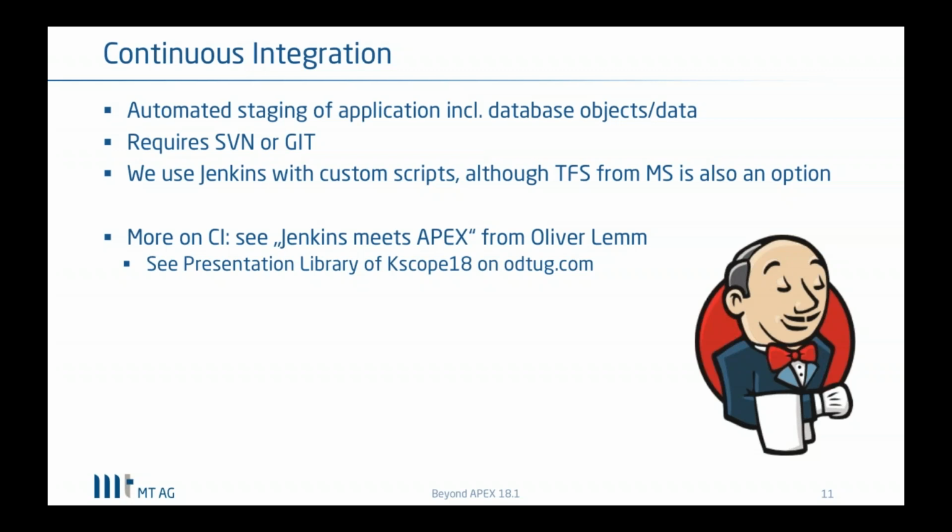I've still seen occasions at customer sites where developers are working directly in a production environment, and it's not the right way to do things, especially when your development team gets larger and there are more critical applications running on that environment. Then you should have multiple environments, at least development, test, and production, and then you do staging between those environments.